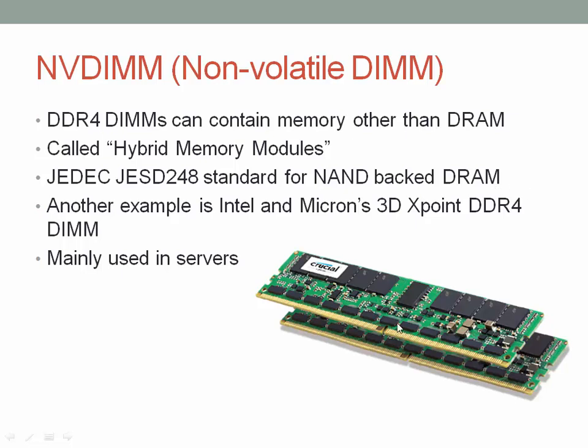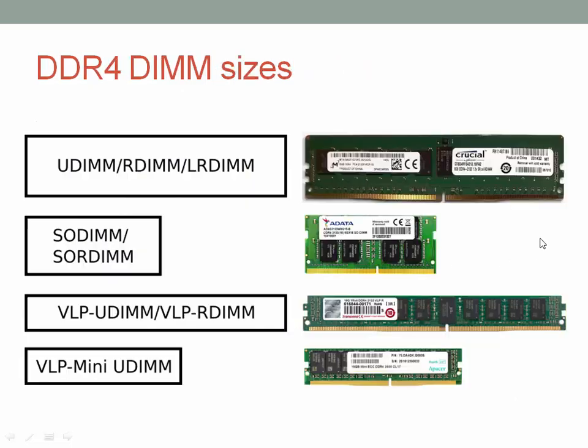It functions as a normal SDRAM DIMM, but as soon as there is a power failure, all the SDRAM contents are backed up to the NAND flash. In order to do that, there is onboard backup power stored in supercapacitors, and this is again used in servers.